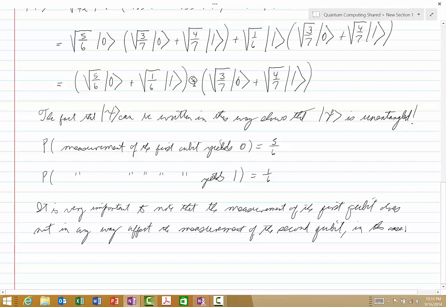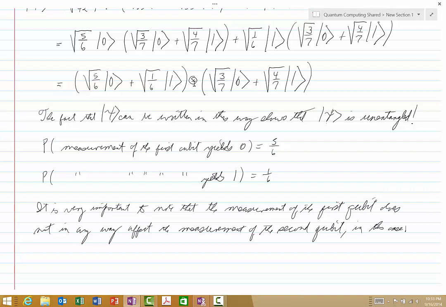But we're going to see, and this is something that plays a very big role in quantum computing, that when we have an entangled state, the measurement of the first qubit affects the measurement of the second qubit. You cannot measure them in an independent way.